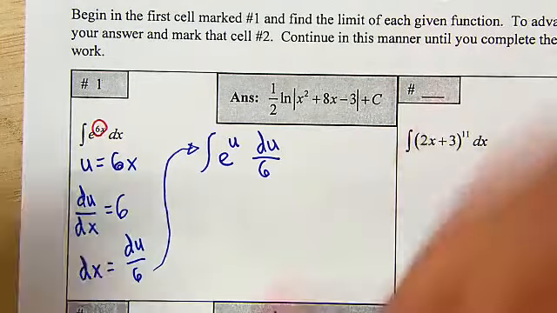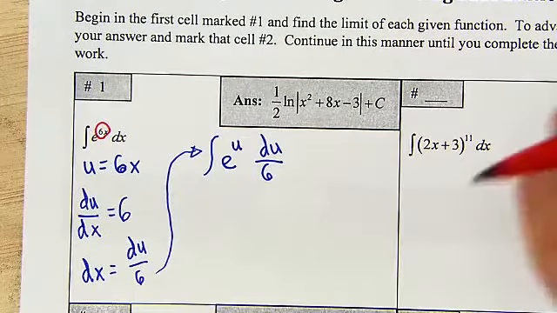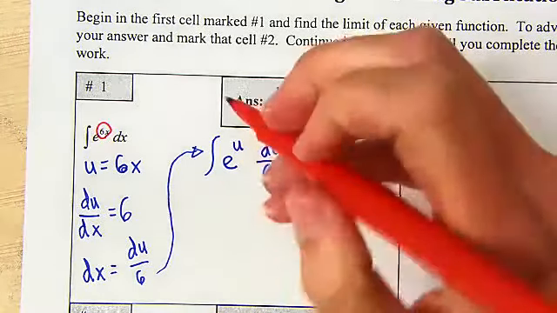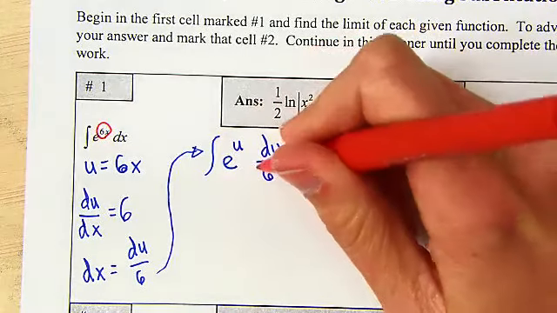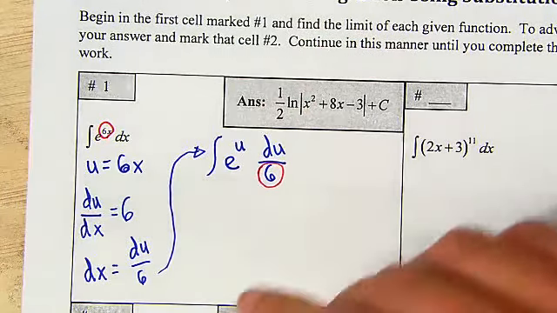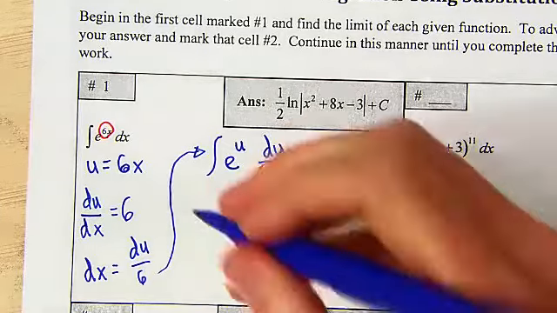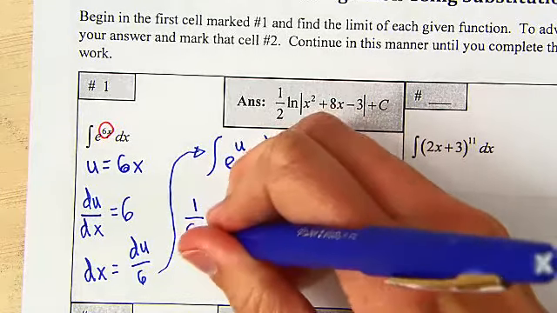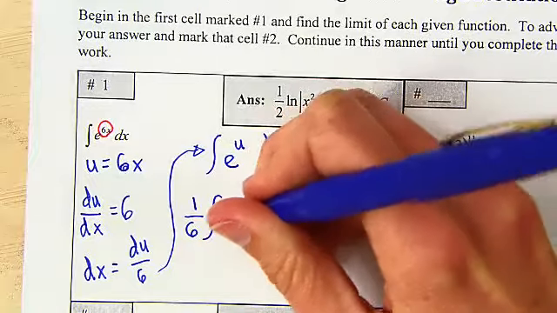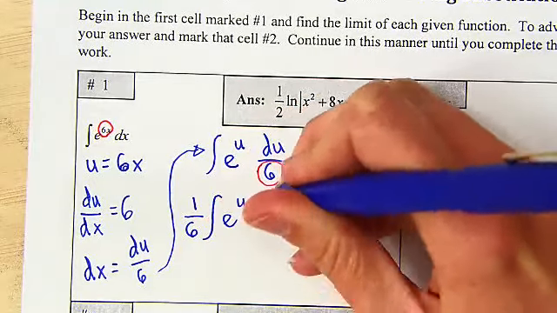At this point, I can look for anything that I can take and move outside of the integral. So for example, this dividing by 6, I can go ahead and move that out front. I'm dividing by 6, that means I'm going to bring a 1 over 6 out in front. And then I have the integral of e to the u du.